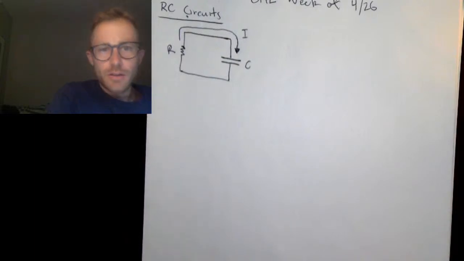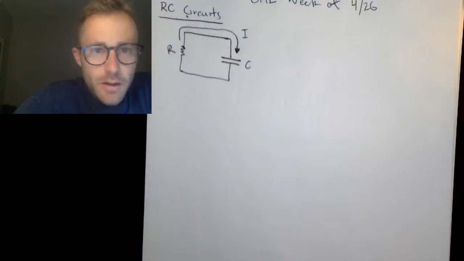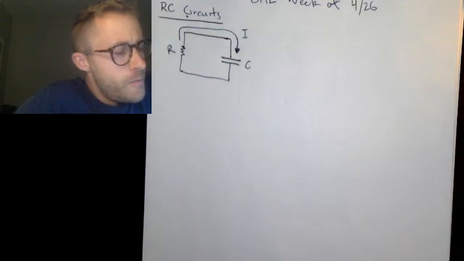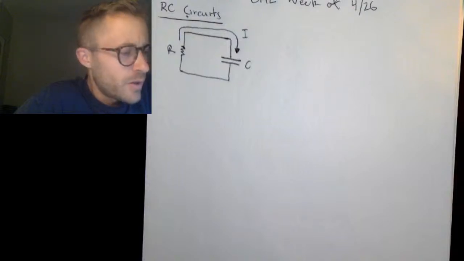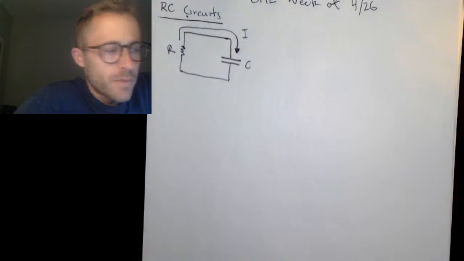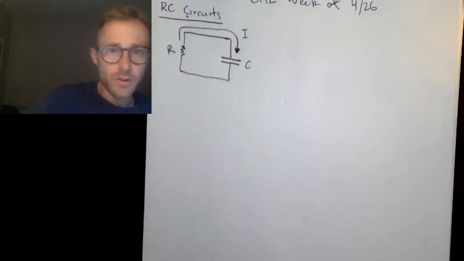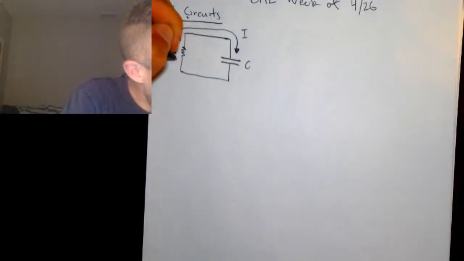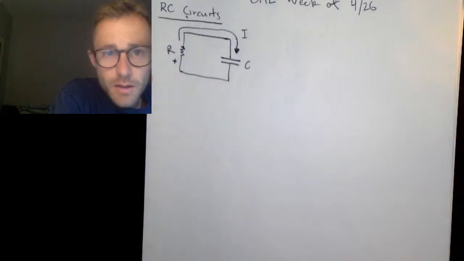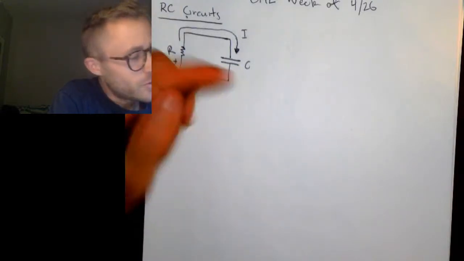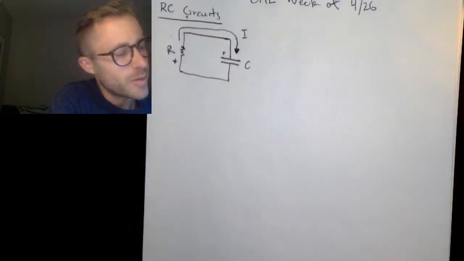So you might remember when we were talking about Kirchhoff's laws that for a resistor, the positive side of a resistor is the side that the current goes into. So this would be the positive side of the resistor. Similarly, the capacitor is the same way. The side that the current goes into is the positive side of the capacitor.